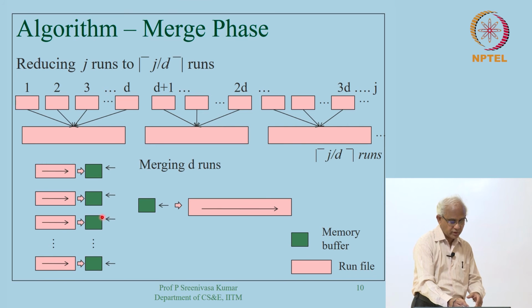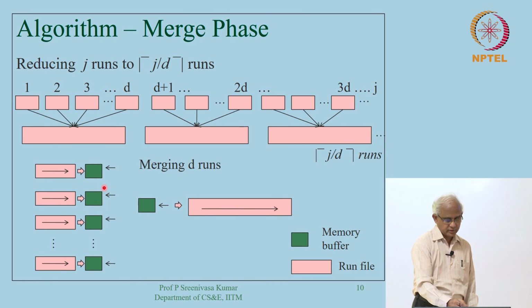In the process of advancing the pointers, advancing means you are coming down, you might exhaust the block. If you exhaust a block, fetch a block from the sorted file into the buffer. That way slowly you are getting all the blocks of the sorted file in. In case one of the runs is smaller compared to the other, this might become empty. So, ignore that pointer, merge the other records.